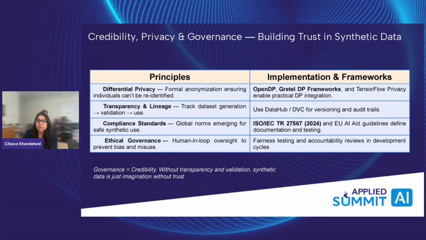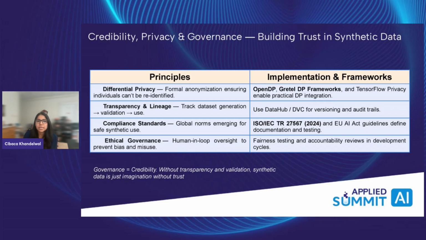There are a few techniques which could be used, which this slide illustrates. There are four principles primarily. One, differential privacy, which formally anonymizes the data, ensuring that no individual identity is revealed. There are multiple frameworks which support that. Transparency and lineage focus on how the data was generated, whether it was validated, and for what use it was generated.